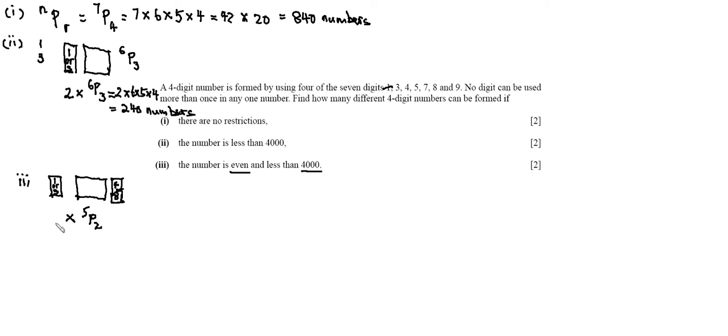So 1 or 3, you have 2 choices. 4 and 8, there are 2 choices. So the total answer is 2 times 5 times 4 times 2. So the answer is actually 80 numbers.